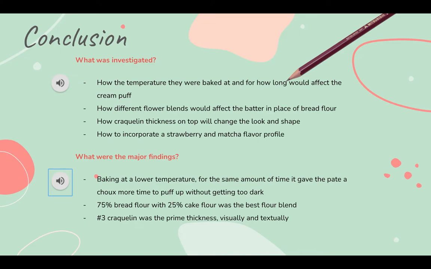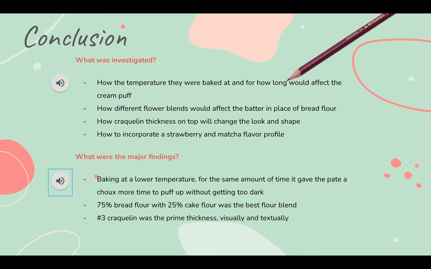It was a lot softer and a little dense because of the cake flour, so we tested another batch with 75% bread flour and 25% cake flour. This resulted in a sweet, cakey flavor that rose to 4.08 centimeters in height with a spacious air pocket. This variation with the flour test was the best outcome.